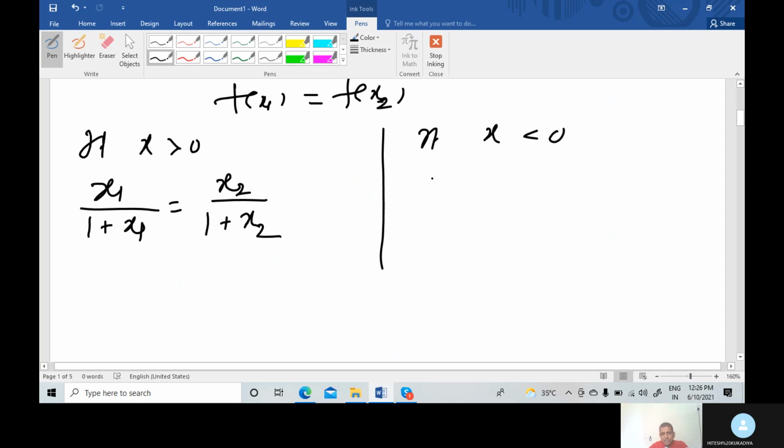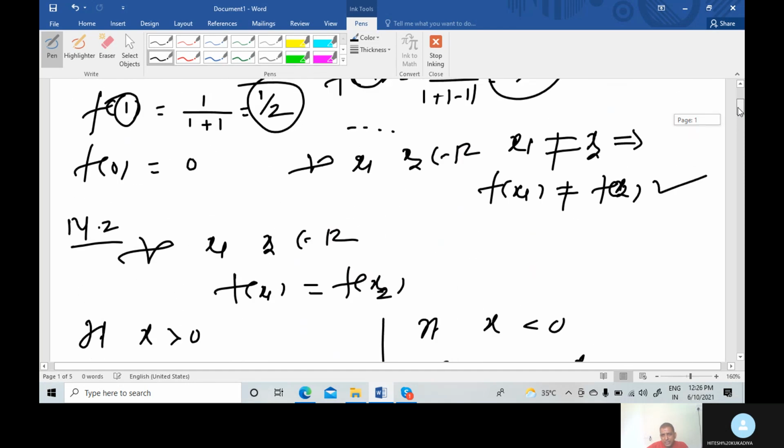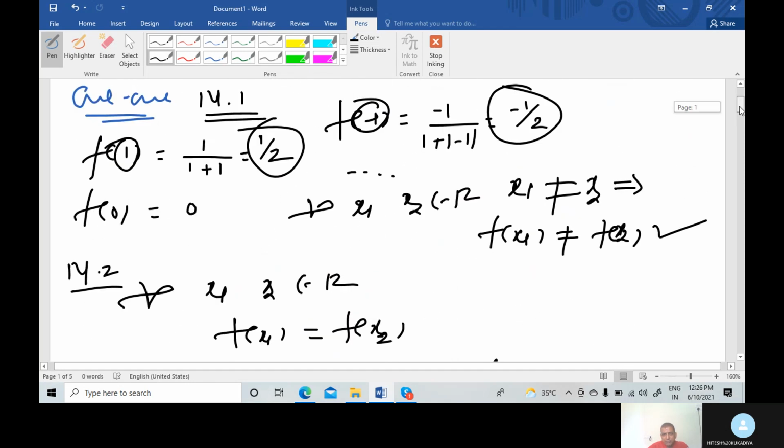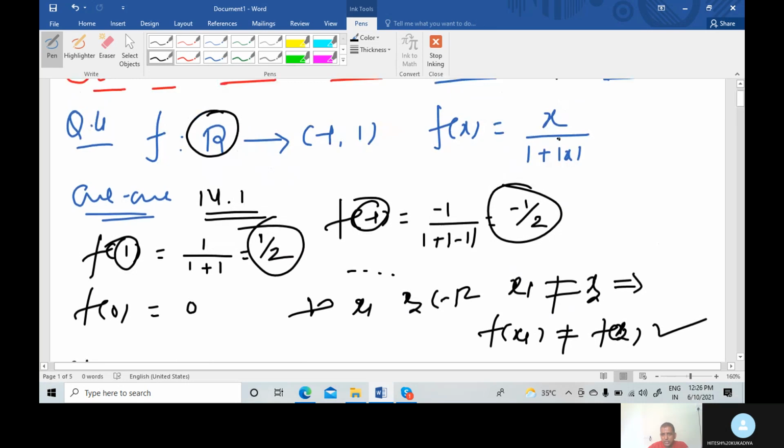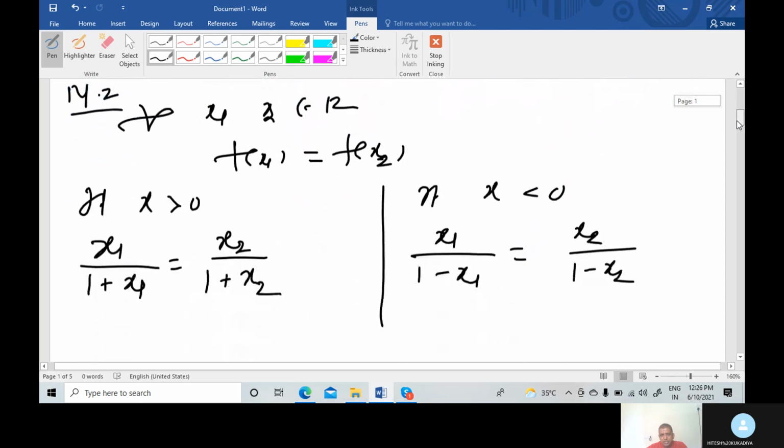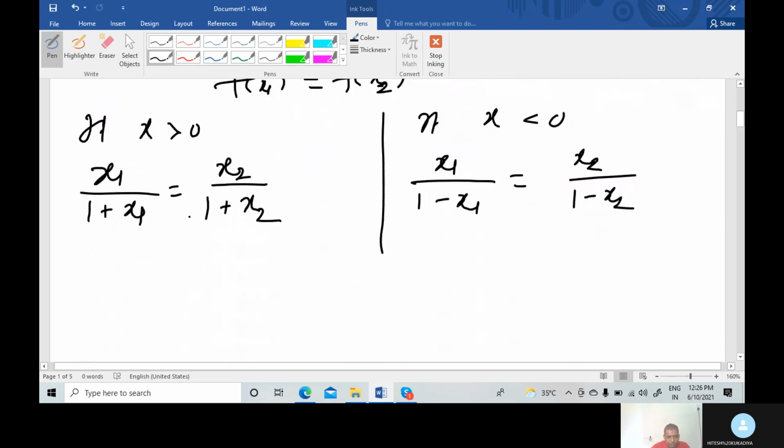And if x less than 0, so x1 upon 1 minus x1 and x2 upon 1 minus x2, because in the denominator modulus is given in the function. Here two possibilities, right? Now we calculate cross multiplication and find the answer.